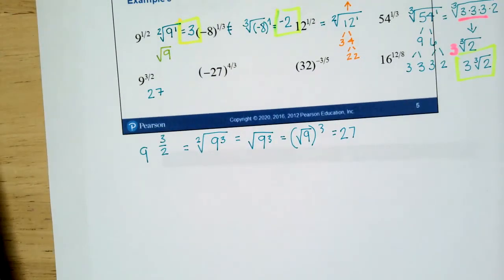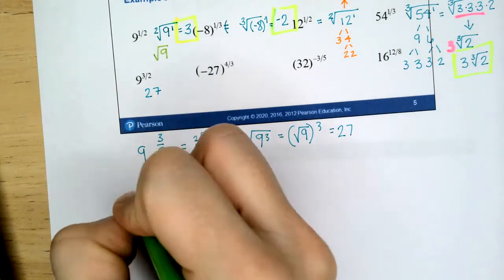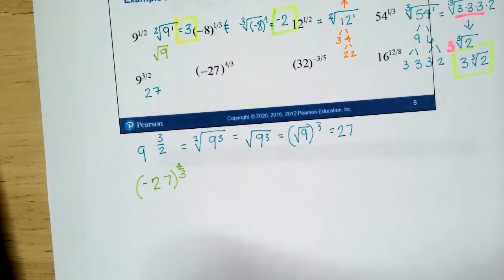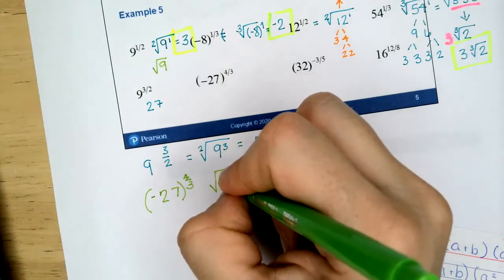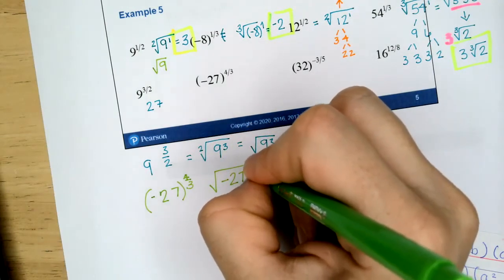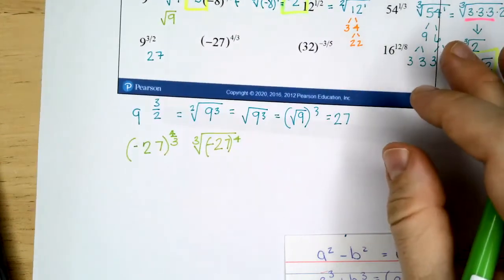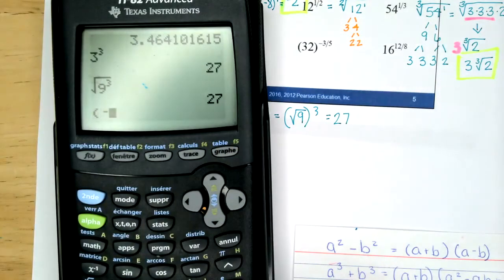Next example, I'll change colors. We have negative 27 in parentheses to the 4 over 3. So I know my 4 stays with my negative 27. Negative 27 to the 4. And that this is a cubed root. Negative 27 to the 4th.